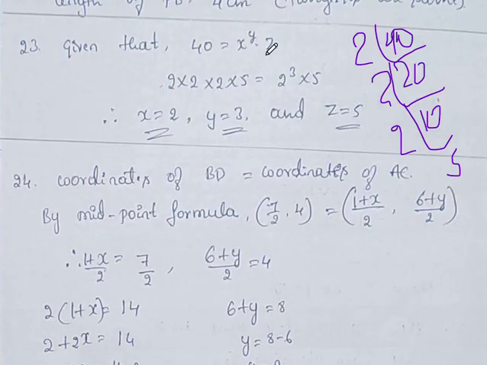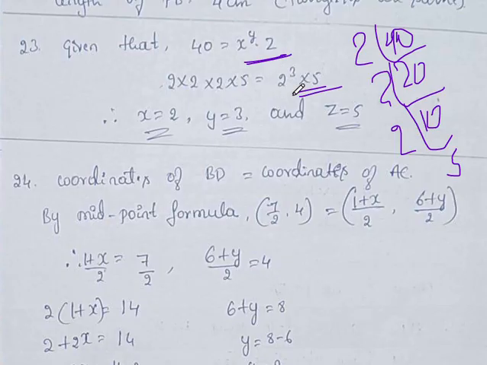x power y into z: this can be written as 2 into 2 into 2, that means 2 power 3, into 5 in place of z. So 40 written as x power y into z is 2 power 3 into 5.